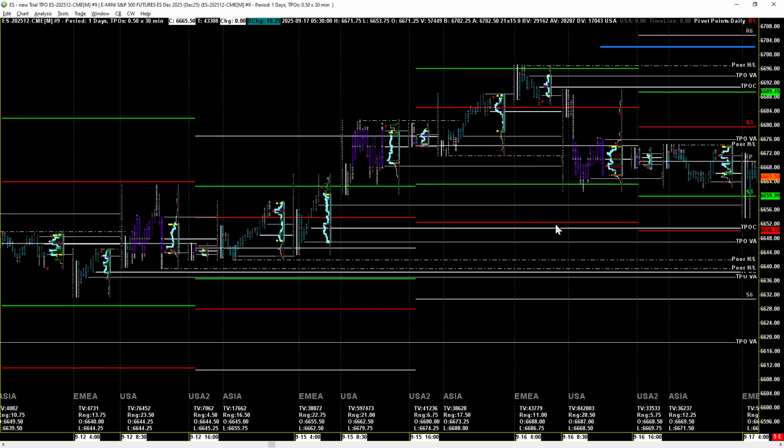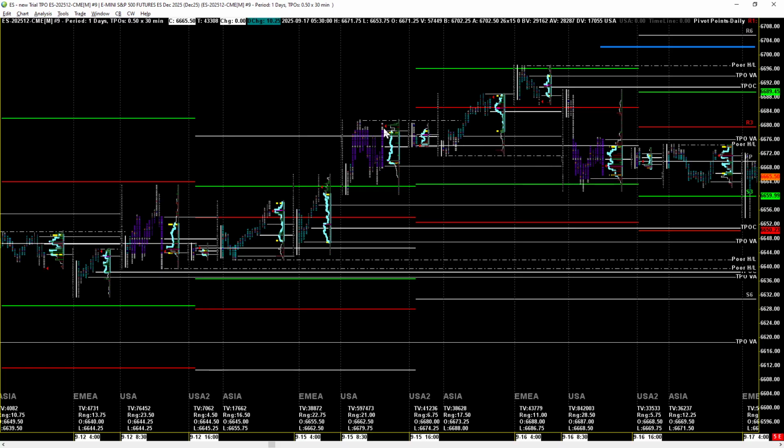Now we should have had an S3 hold and up to at least R3, R4. We traded in that area based on the fact that we did have elevated value. We traded a little bit lower.